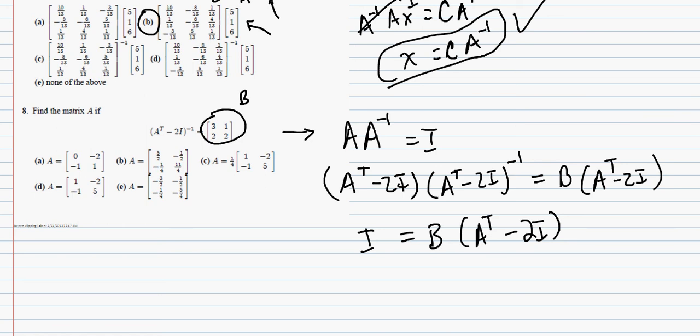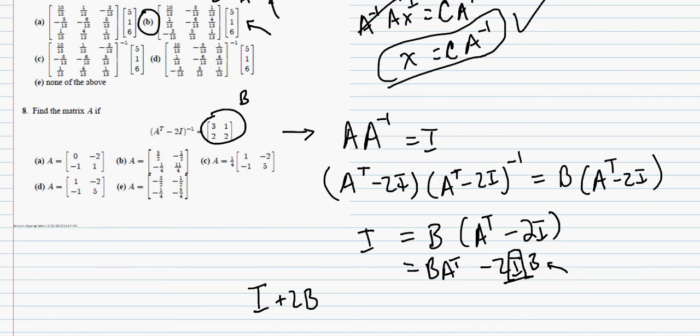Now, I'm going to factor out the B times (A transpose minus 2I), and I'm going to bring this on this side, which is just I plus 2B. I can get rid of this I, because multiplying an identity with a matrix just gives us the matrix itself.